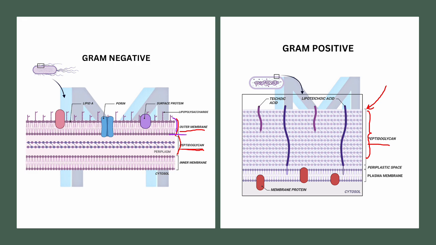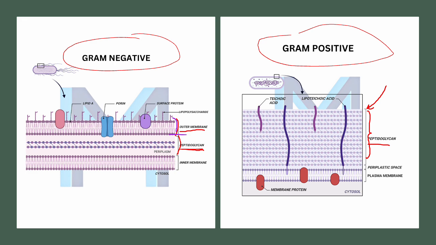Then we have gram staining procedures, where we want to identify when a cell is either gram-negative or gram-positive. And when we do a gram stain on these bacteria, if it's gram-positive, it will turn purple or violet after gram staining.